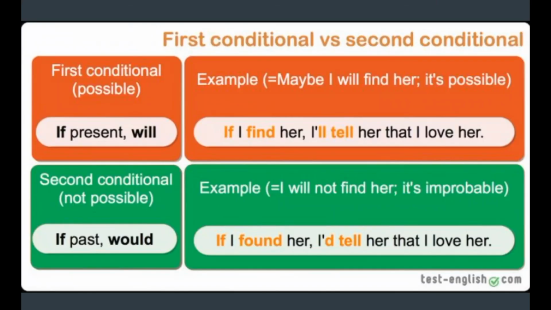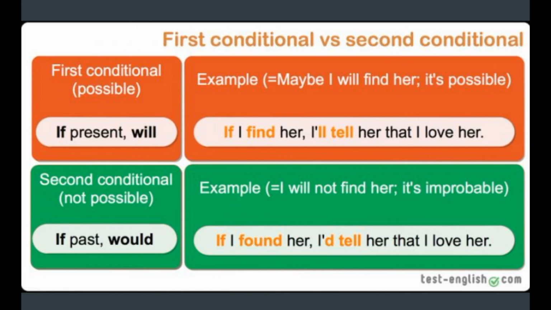Let's compare the first conditional versus the second conditional. In the first conditional, we talk about something that is possible, that is real, and the structure is if plus the present, and in the main sentence I use will. The second conditional, we talk about something that is unreal, that is not possible, that is imaginary, right?